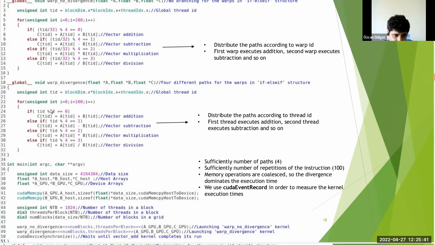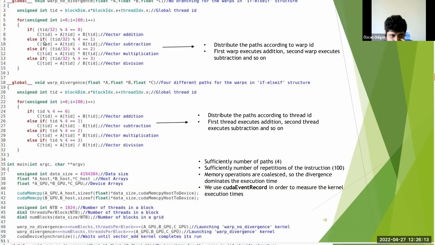That means the first thread in the warp executes addition, the second executes subtraction, the third multiplication, and the fourth division, and so on. We run these operations 100 times so that they dominate the execution time, and we have a sufficient number of paths here, 4 paths.